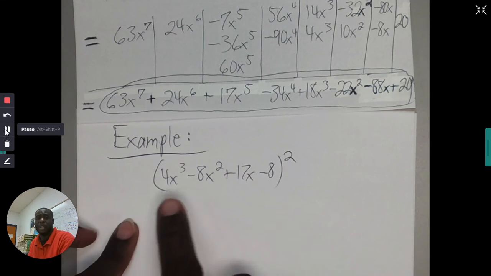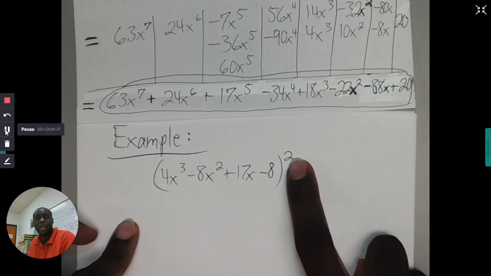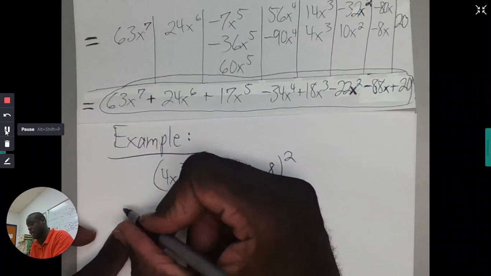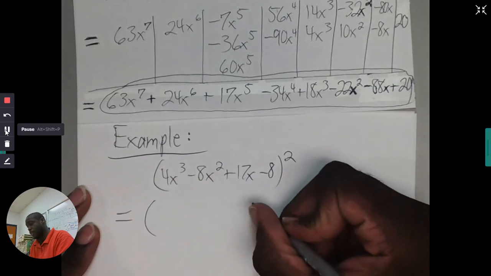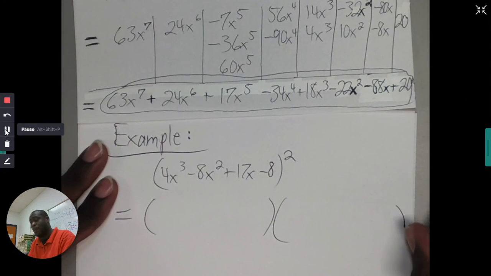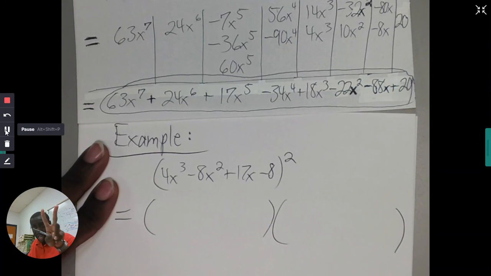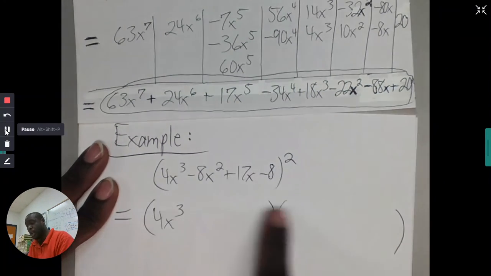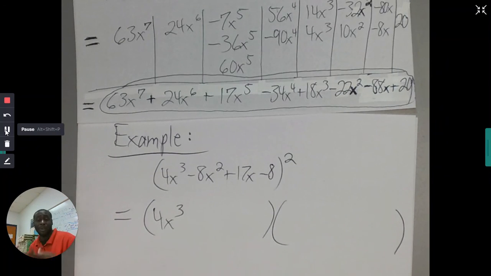Remember that anytime you have something raised to the 2nd power, any exponent, it means that it is repeated multiplication. Please remember that this means that this polynomial is multiplied by itself 2 times. So again, you will need to do some type of polynomial multiplication.